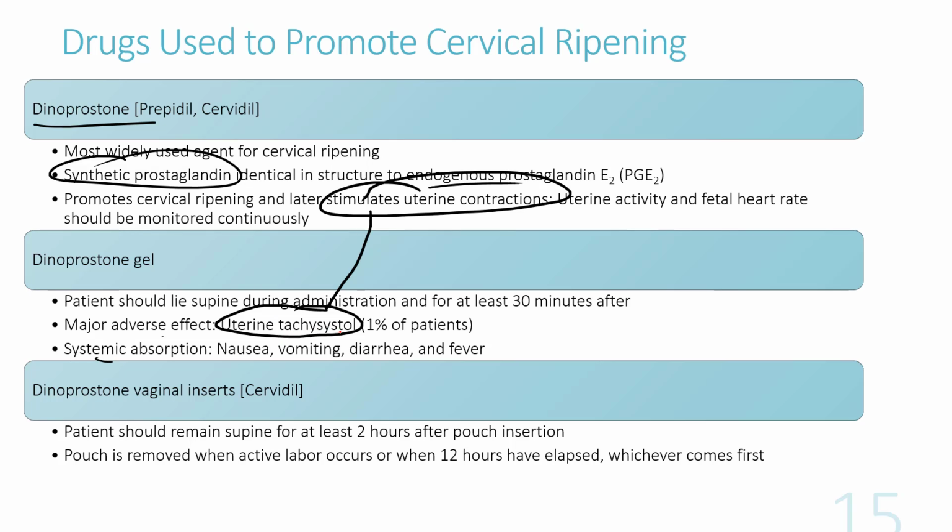Uterine tachysystole, which means, remember systole means contraction, tachy is fast, so uterine tachysystole is extremely quick and hard contraction of the uterus, right? And again, if it gets into the systemic circulation, it can cause these adverse effects. So it can be given either as a gel or a pouch vaginal insert.